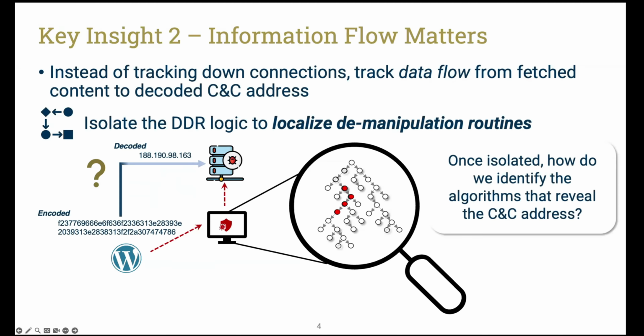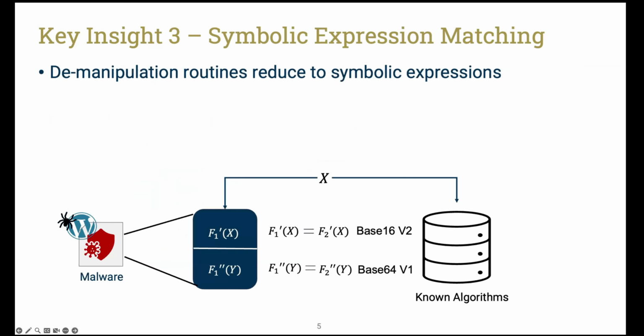Now, once we isolate the demanipulation logic, how do we know what specific algorithms like XOR or character rotate are used? Well, demanipulation routines can, in fact, be mathematically represented as a series of arithmetic and logical operations, which can be collectively expressed as symbolic expressions. Well, what if we could extract these symbolic expressions?